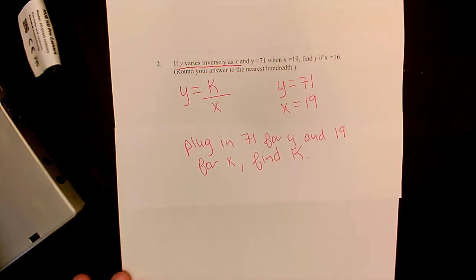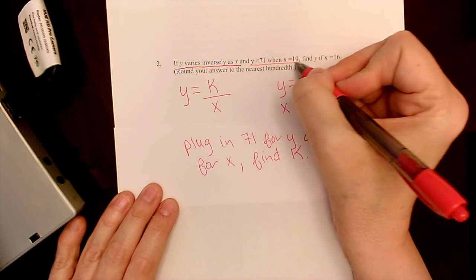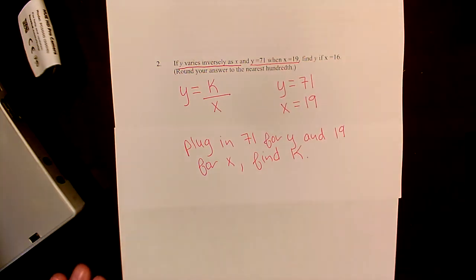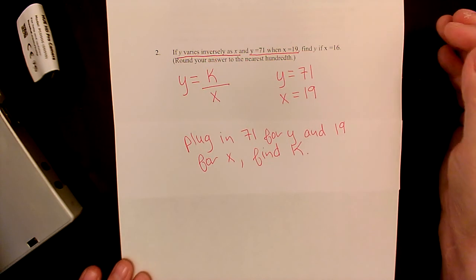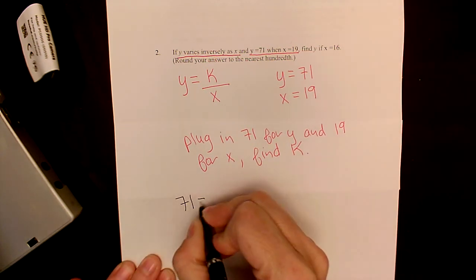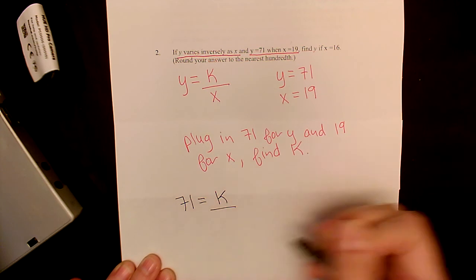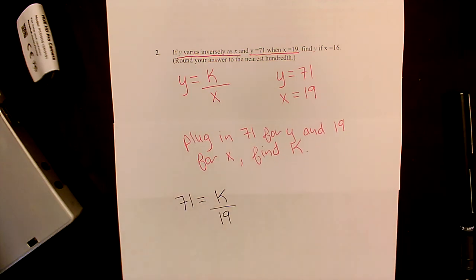You with me so far? Let me underline that. Here's what we want to do. 71 equals K, which we don't know, over 19.